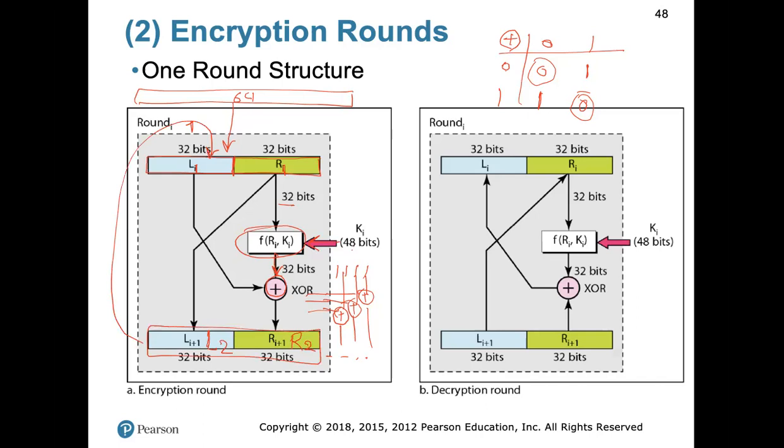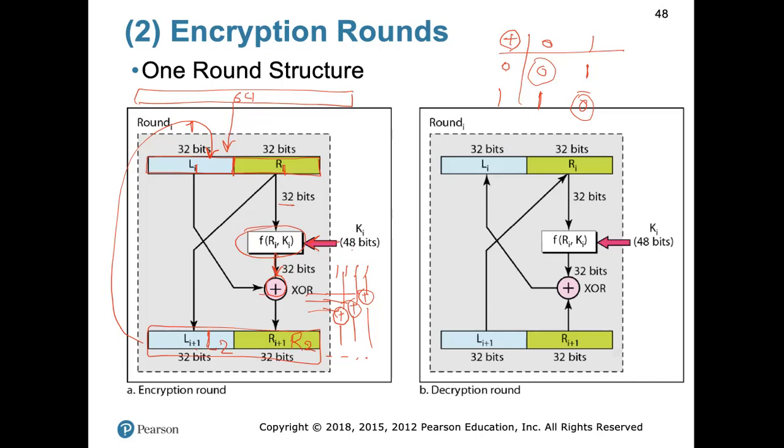Again, the right side, which is R2, now just goes to L3, and then L2 comes here and is XORed with a function of R2. And then what it produces will be R3.